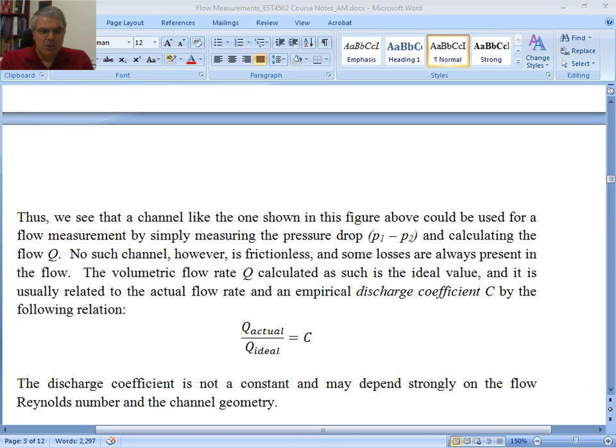As such, in order to calculate the actual Q, we need to multiply the ideal Q by some kind of a coefficient called discharge coefficient, shown by C. And as such, the actual Q over ideal Q, the actual volumetric flow rate, which I interchangeably use here as flow rate, divided by an ideal volumetric flow rate, Q ideal, would be C, and that's the coefficient of discharge.